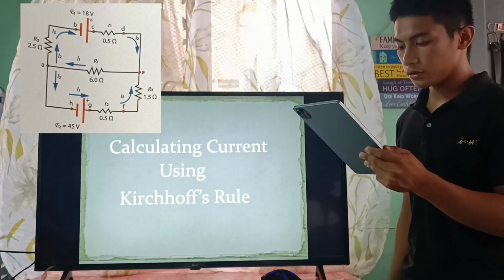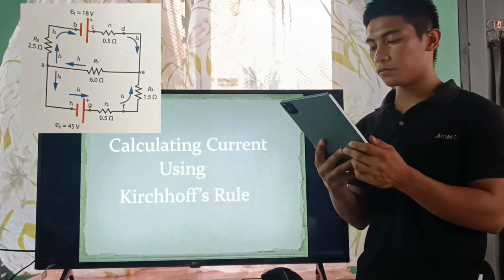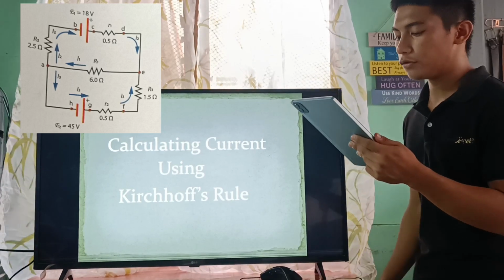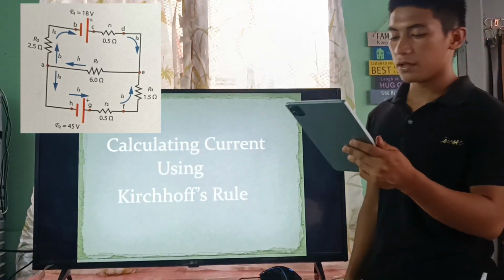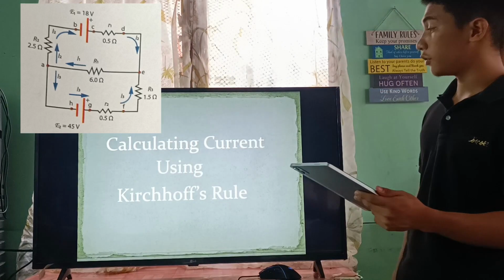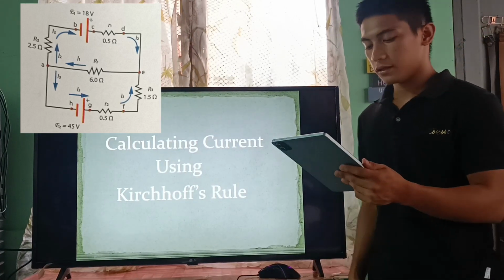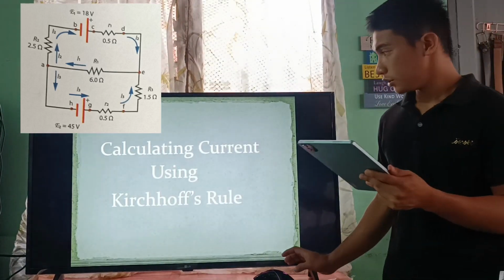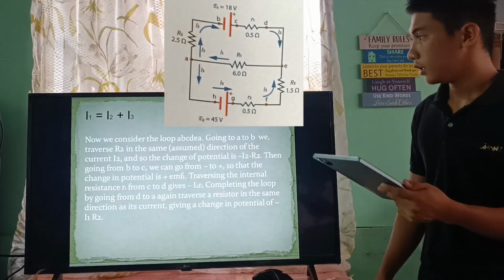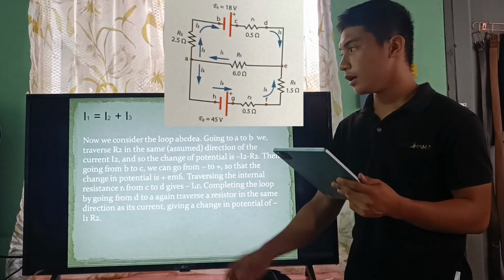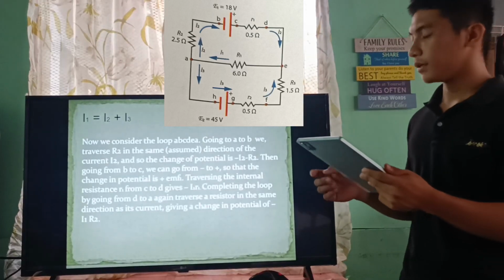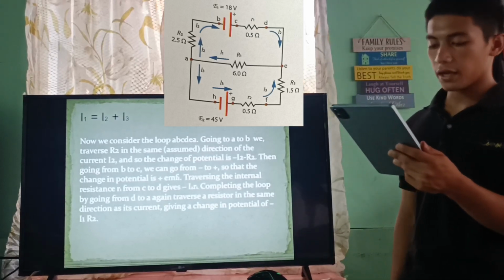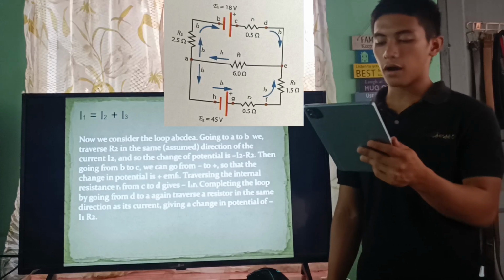In the solution, we will apply the junction and loop rules, seeking three independent equations to allow us to solve for the three unknown currents. So we will begin by applying the junction rule at a point, and this gives I1 equals I2 plus I3, since I1 flows into the junction while I2 and I3 flow out.